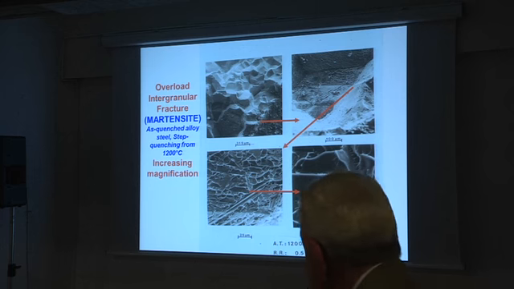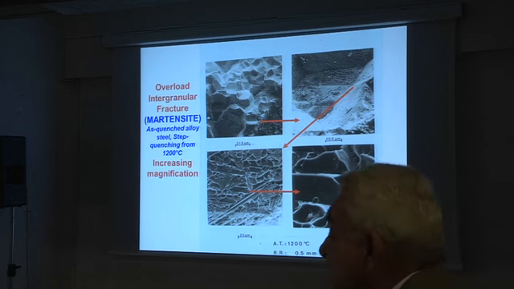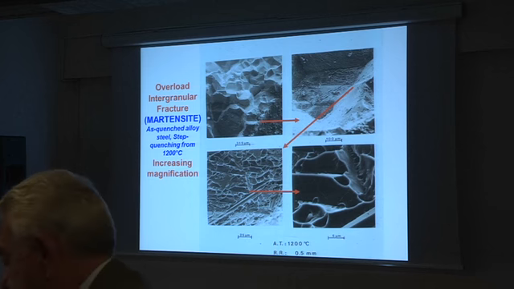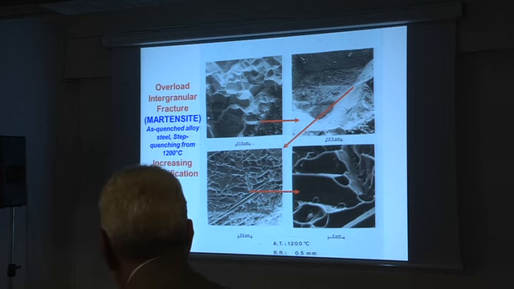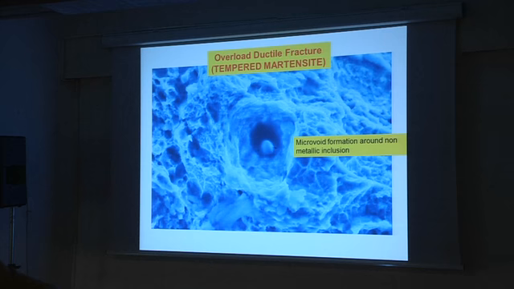And so you can say that this is a non-metallic particle. And you see, we are speaking of these tiny microvoids that absorbed a little bit of energy. This is a real microvoid.